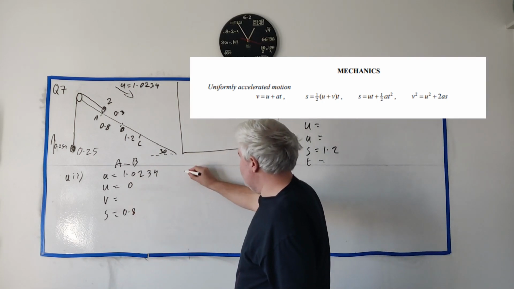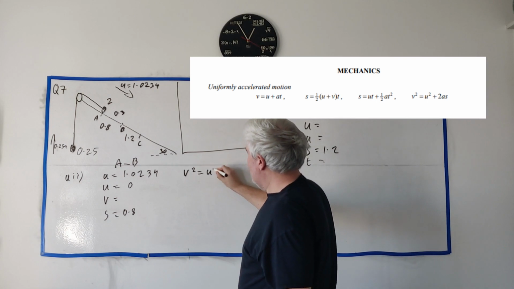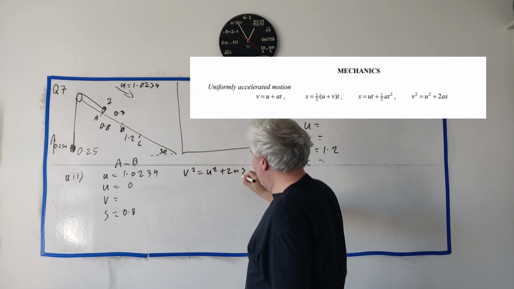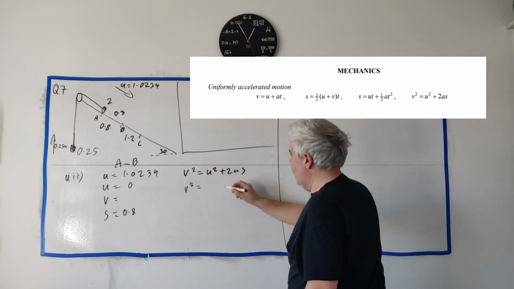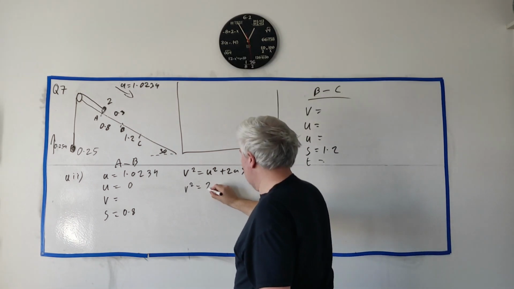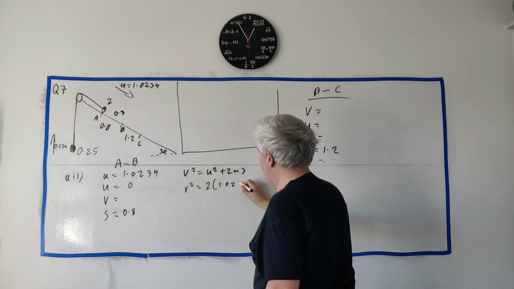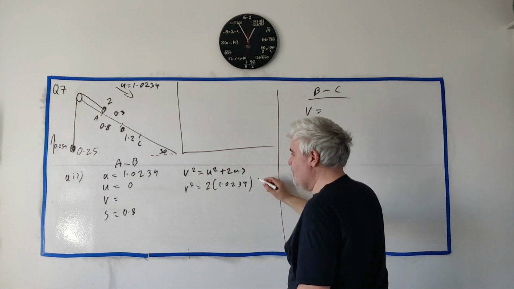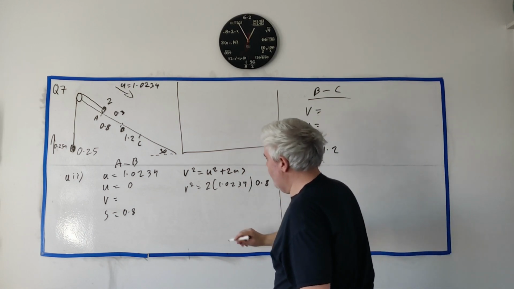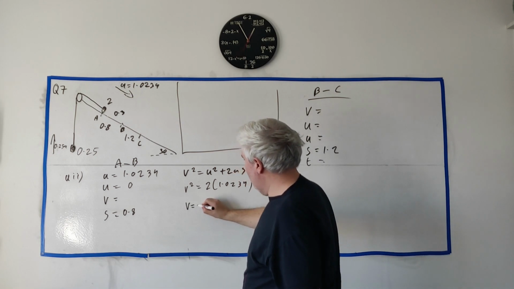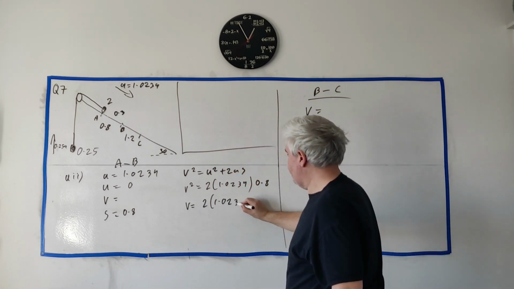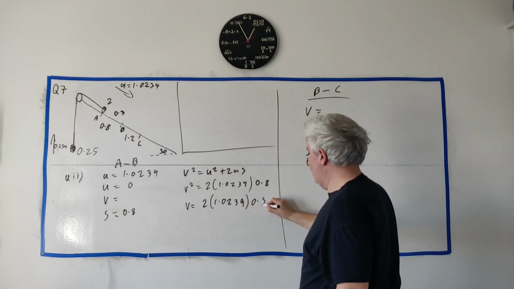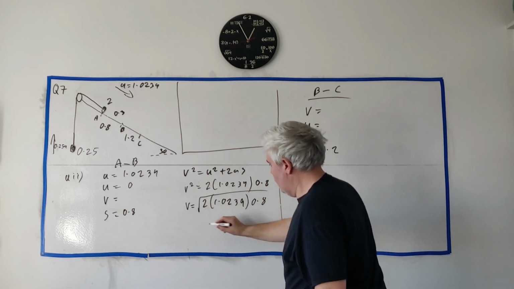What uses all of these? The equation v squared equals u squared plus 2as. v squared is equal to 0 plus 2 times a, so 1.0239 times s, 0.8, and then v is equal to the square root of all of this. 39, 0.8, square root of all that.